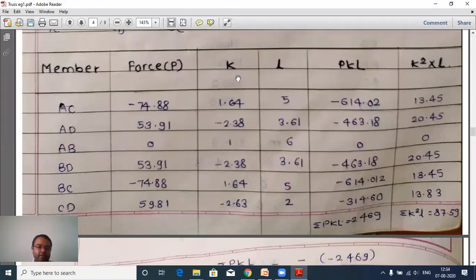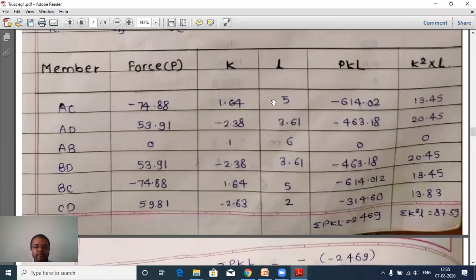In the K forces, we have applied a unit load for the redundant member, and again we will write all the forces over here. Remember, we have to solve the given truss twice. Here I have written a minus sign, minus means compression. Where there is compression, put a minus sign. When there is tension, put a positive sign.